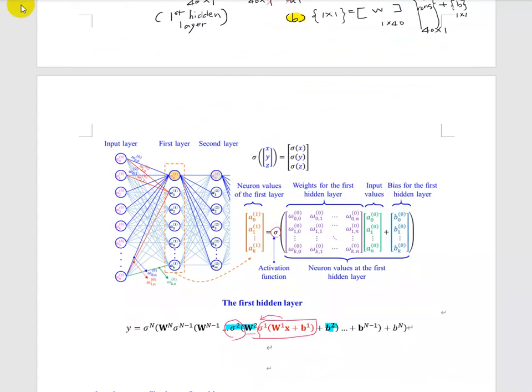The first hidden layer here and the input layer here. So the weight you're looking at connects the input layer to the first hidden layer. So we are looking at the very first matrix formulation as I explained.